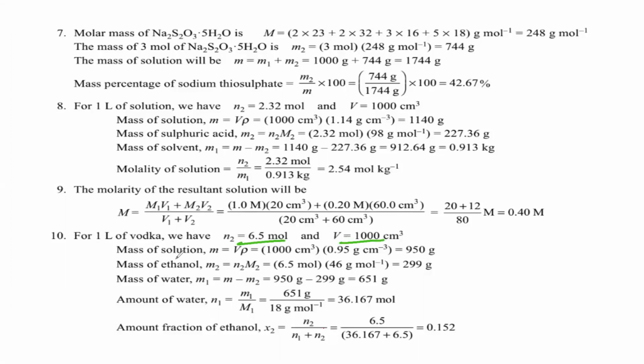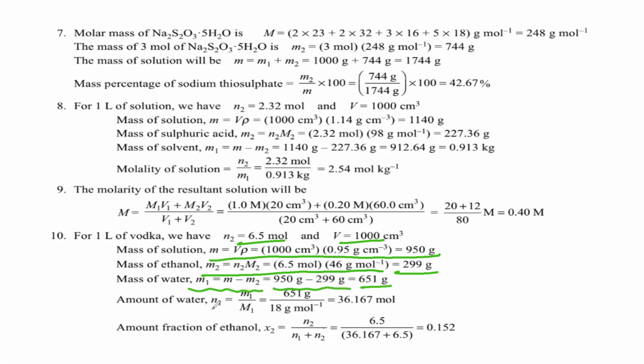Mass of solution is density into volume. So 1000 into 0.95 is 950 grams. Mass of ethanol in this is 6.5 into 46 grams, because the molecular weight of ethanol is 46, so 299 grams. So mass of water becomes 950 minus 299, which is around 651 grams.